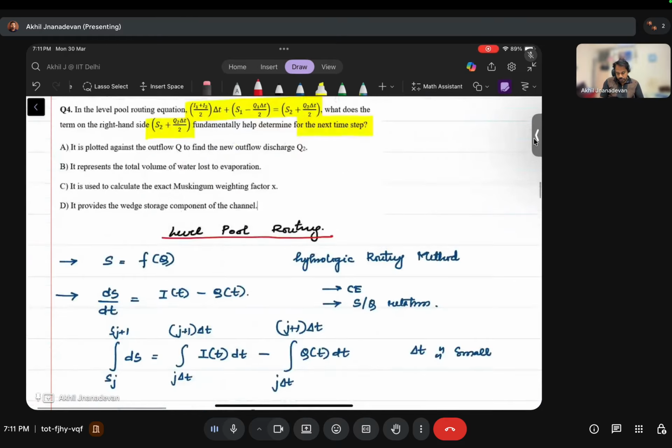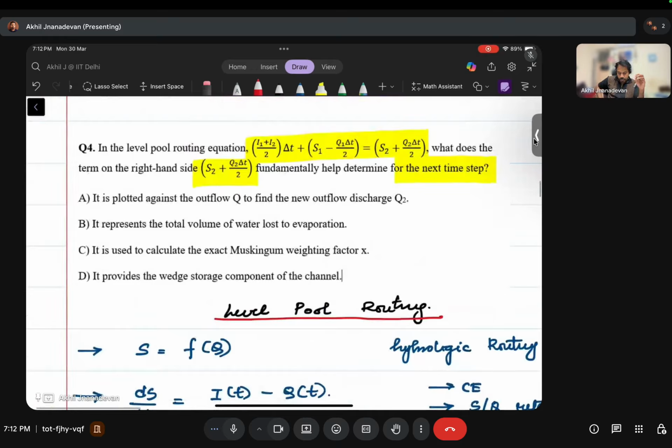Okay, so we can come back to the question. It is plotted against the outflow to find the new outflow Q2. So that is the right answer, right?